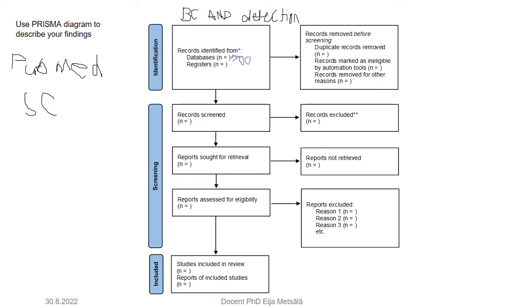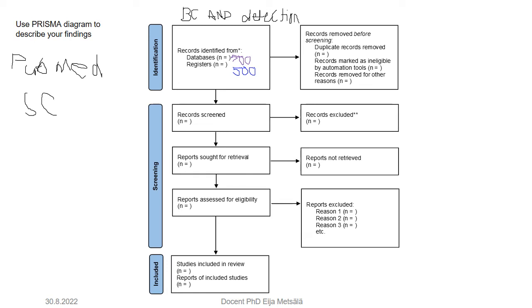Then we put the very same keywords to ScienceDirect database and get 500 more. It could be something else, but let's play. We get 500 titles out of both databases.